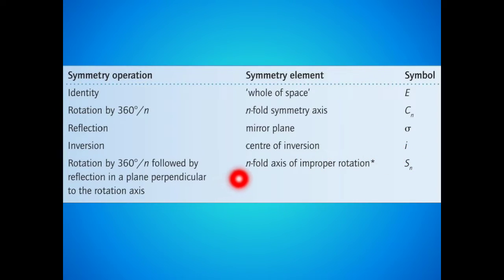And last we have the n-fold axis of improper rotation, denoted by Sn. What do we mean by improper rotation? We will see. This Sn axis is also called the rotation reflection axis, or the improper axis of rotation. So now let us understand each one of these in much more detail.